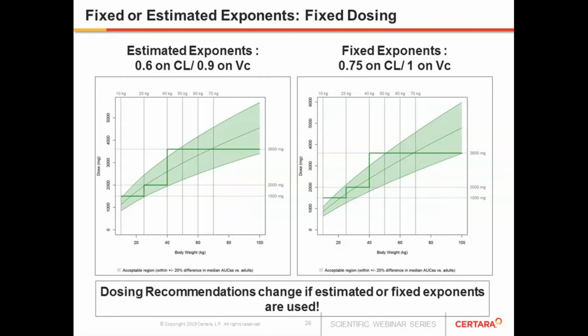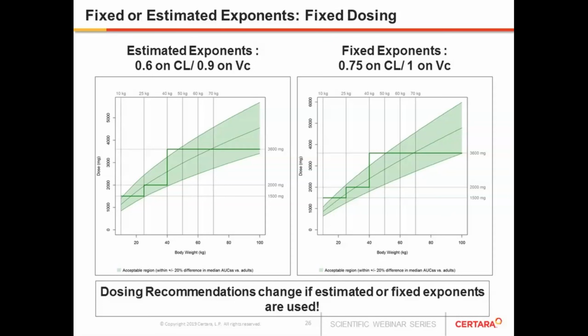However, in the second example, I took a drug where the dosing was a fixed dosing, and the initial recommendation was done using the model where exponents for weight were estimated, and these were 0.6 for clearance and 0.9 for volume.